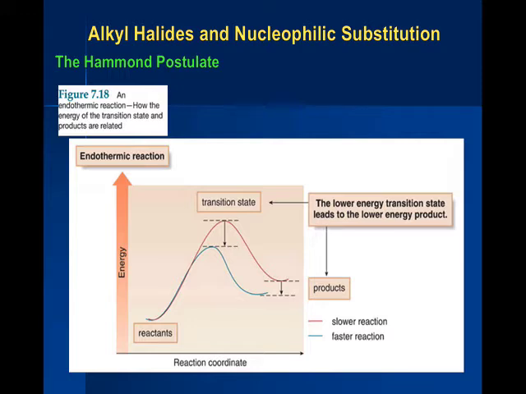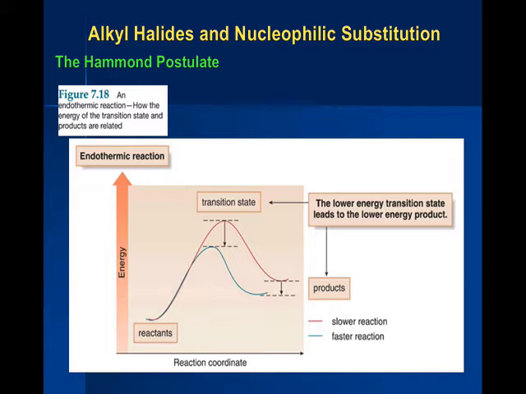The one that requires less energy. Very good. The blue one, because that transition state should look more like this carbocation. And this carbocation is lower in energy, so that's going to lower the energy of activation. It's easier to form that more stable carbocation. So the energy of activation is less.